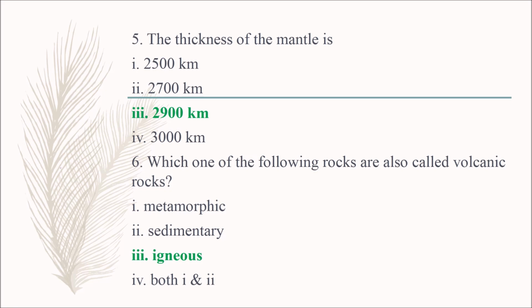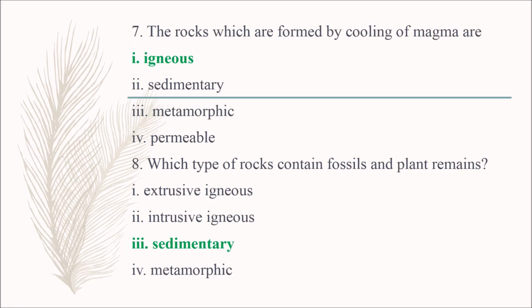Question number 6. Which one of the following rocks are also called volcanic rocks? Option 1, metamorphic; option 2, sedimentary; option 3, igneous; option 4, both 1 and 2. So the correct answer is option 3, igneous. Question number 7. The rocks which are formed by cooling of magma are: option 1, igneous; option 2, sedimentary; option 3, metamorphic; option 4, permeable.